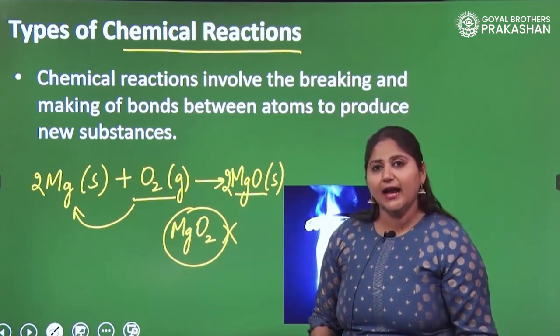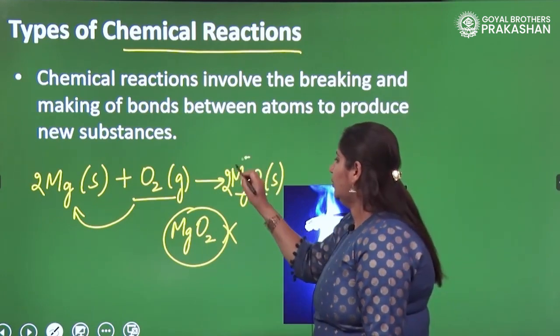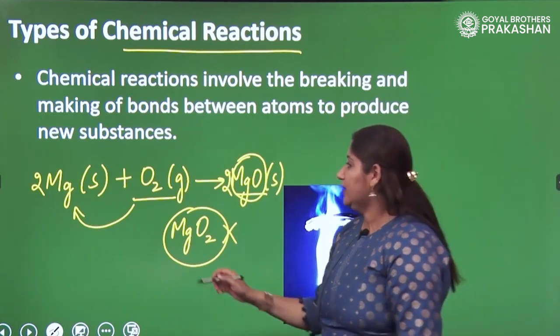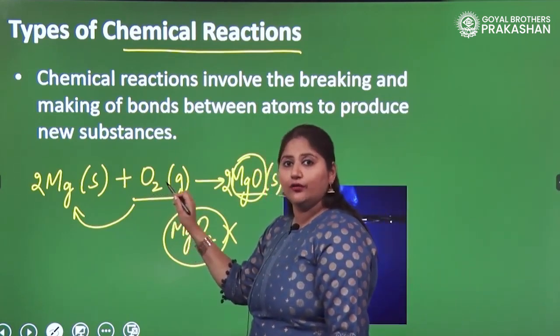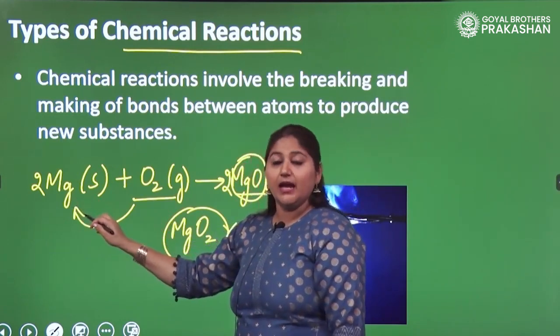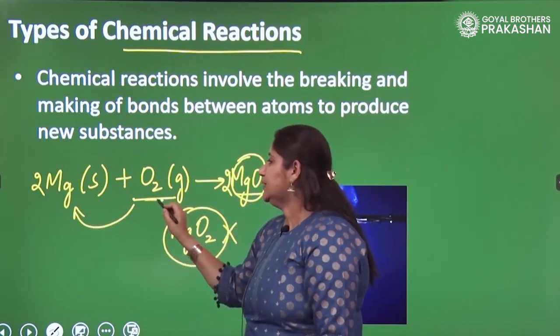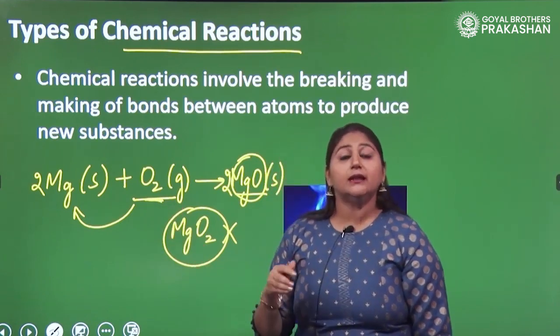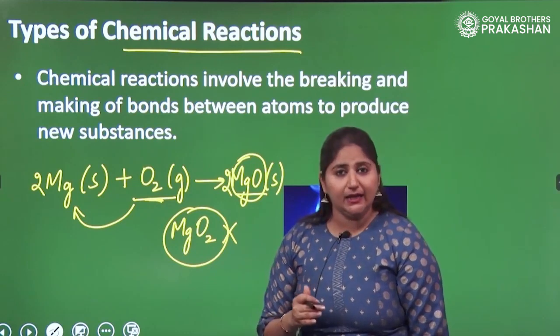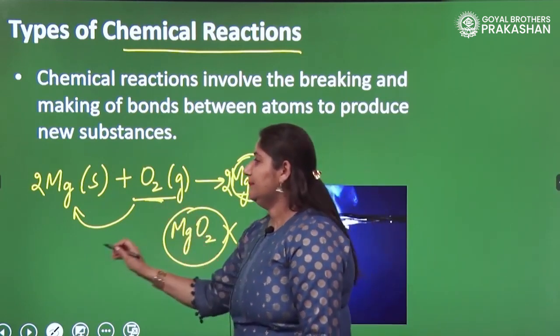So, what is actually happening? How is this MgO formed? This MgO is formed because one atom of oxygen is combining with one magnesium atom. And how did we get one atom of oxygen? Because the bond of the oxygen molecule is breaking in order to combine with magnesium.